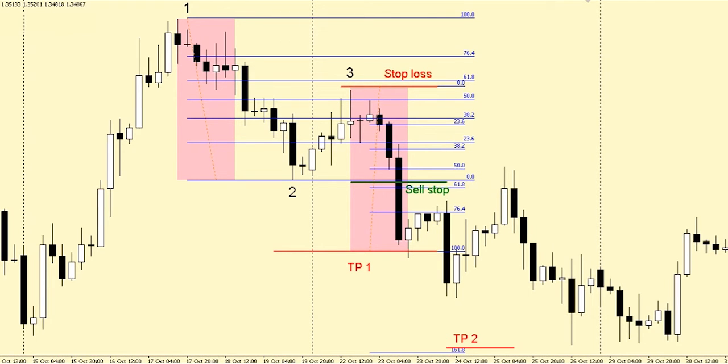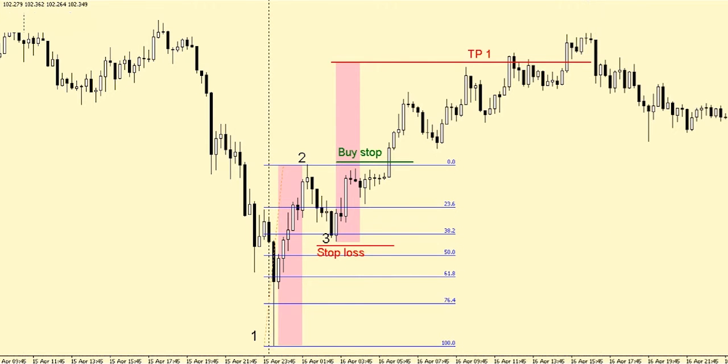This is a maximum, after a rollback to this distance. We stretch the Fibonacci levels and see that the price does not roll back lower than the 61.8 level and preferably the 50 level.